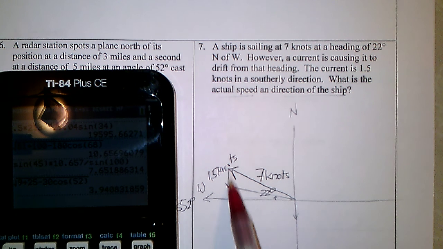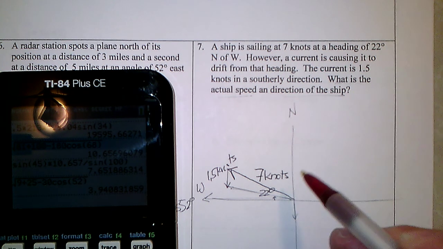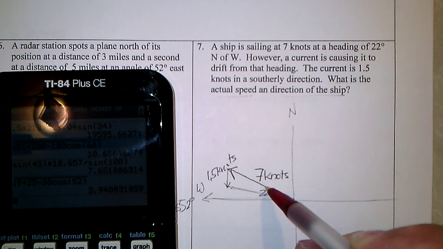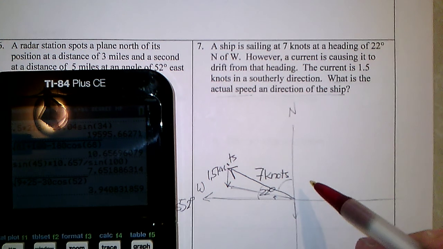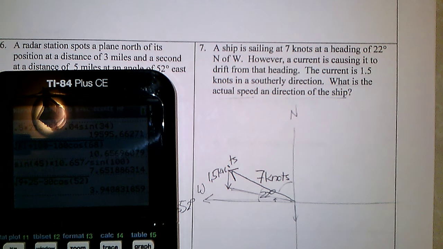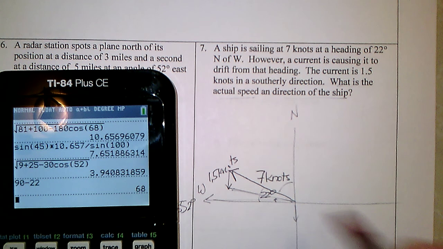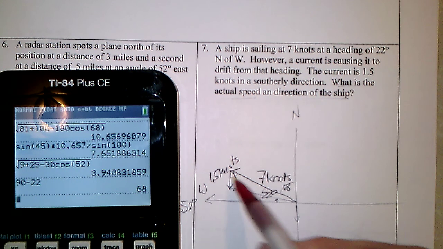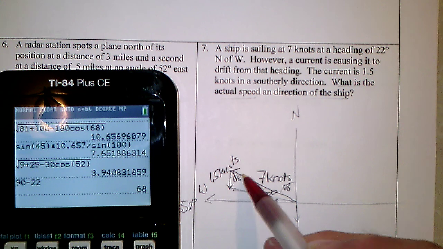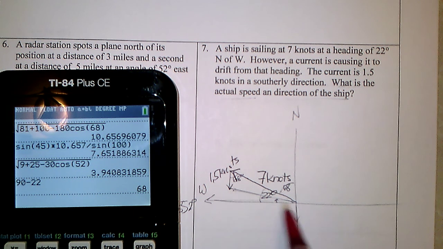So using this triangle, the only thing we know is if this is 22, this is 22 from 90, 68 degrees here. So that means up here is 68 degrees because they're alternate interior. So I have side angle side, and I could get this side.